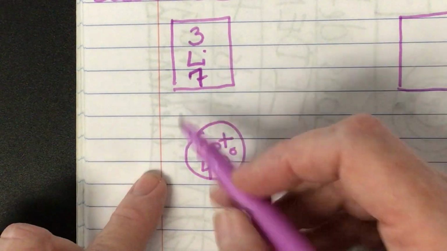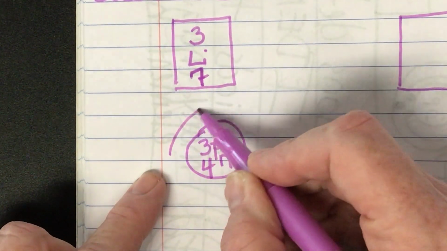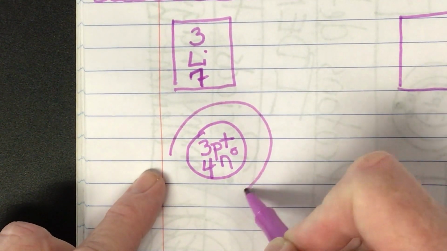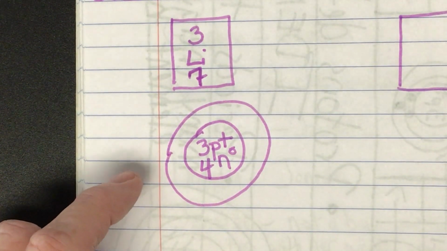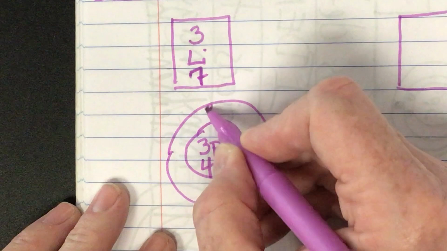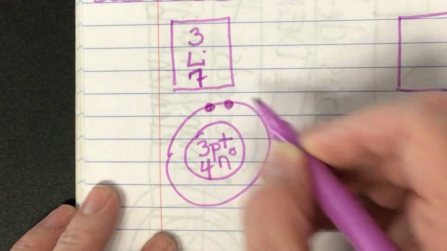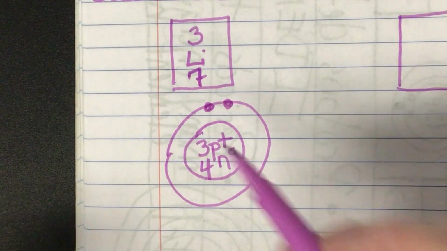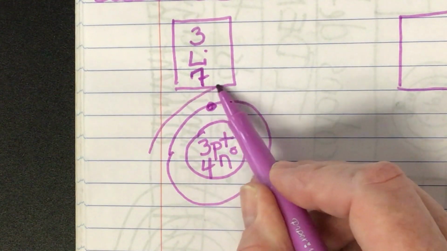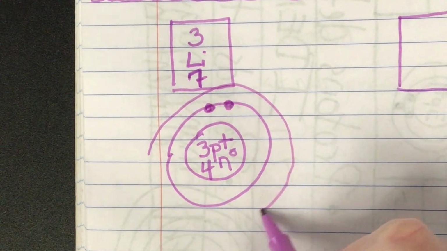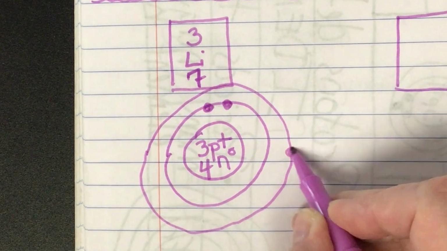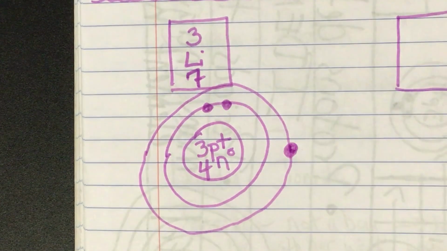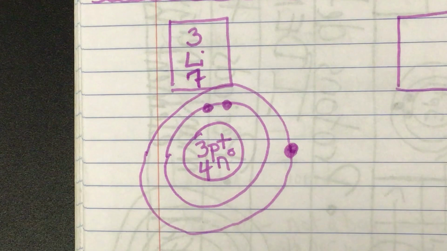So we need to draw 3 electrons. There's 1. How many will fit? 2. Nice. We can't squeeze a third one in, so we're going to make a second energy level. And we're going to put 1 lonely valence electron there.